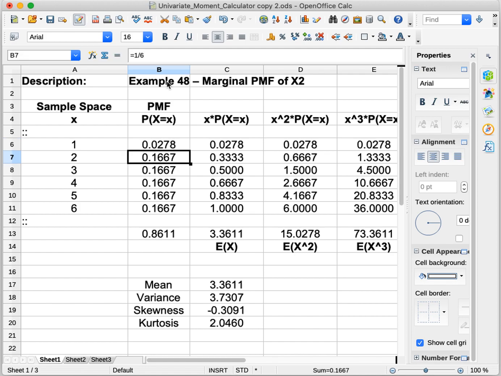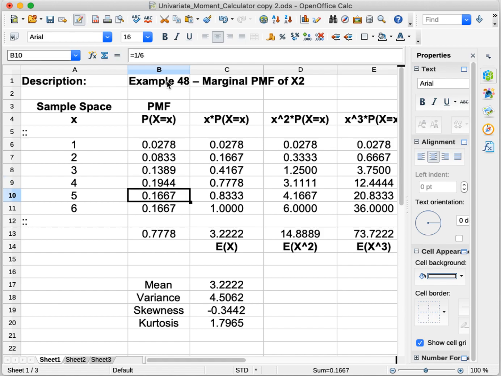In this case, it's 1 over 36, and then 3 over 36, and then 5 over 36, and then 7 over 36, and then 9 over 36, and finally 11 over 36.